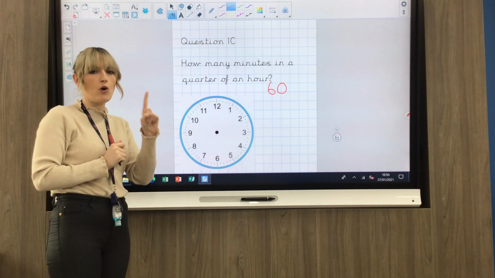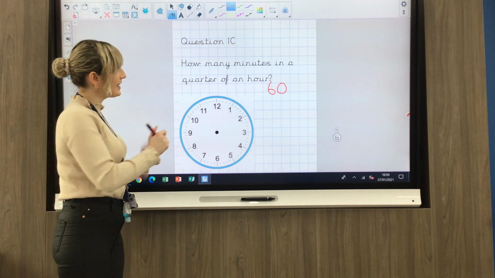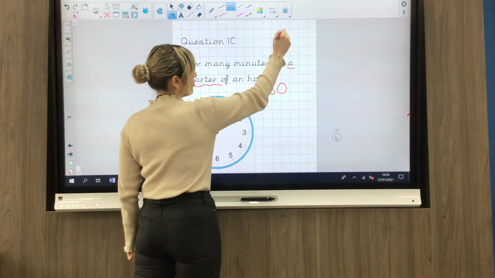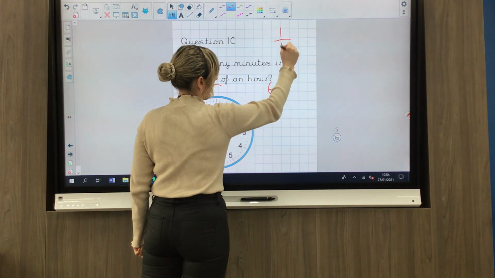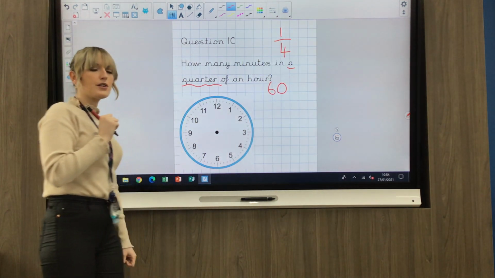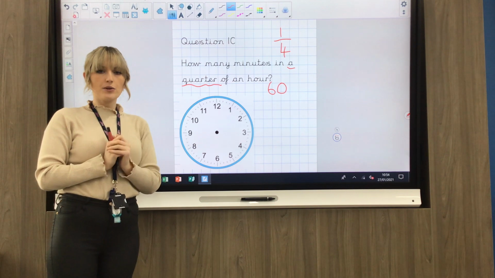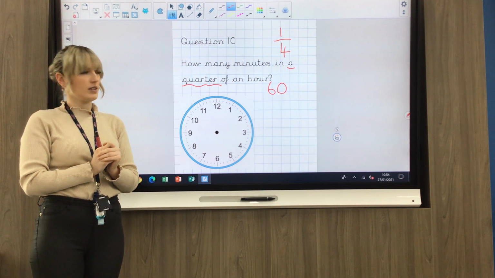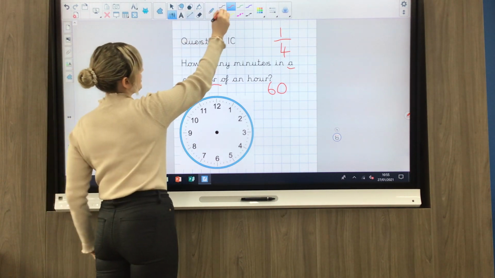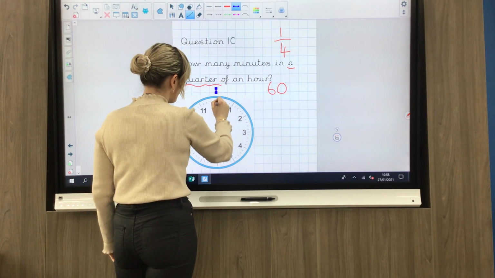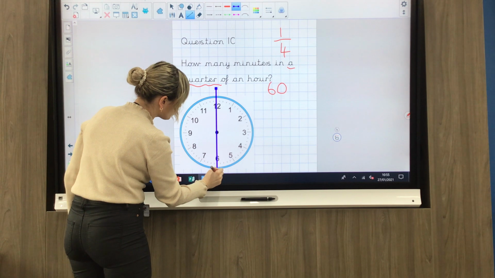We need to find a quarter, and 1 quarter as a fraction looks like that, 1 out of 4. So when we're finding a quarter, we're splitting something into 4. So I'm going to get my ruler and split the clock into 4.